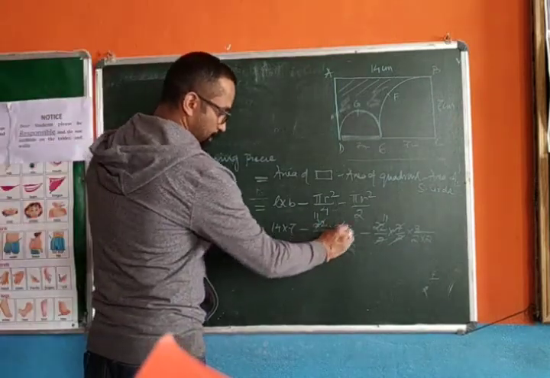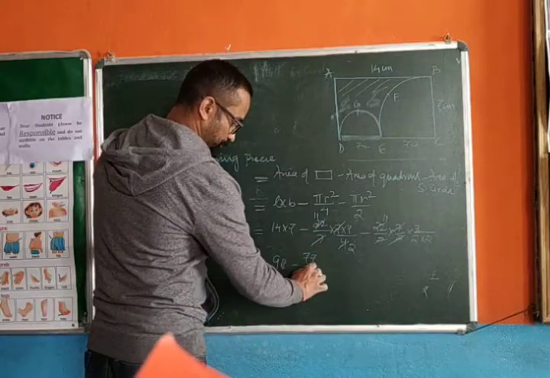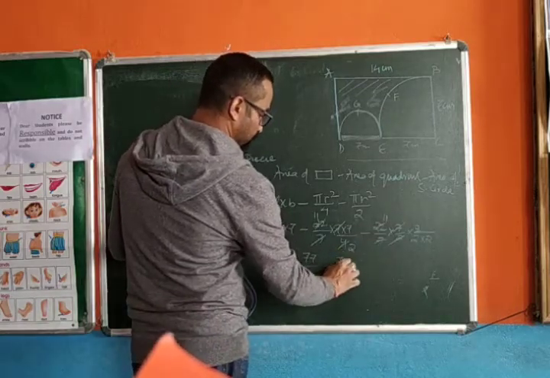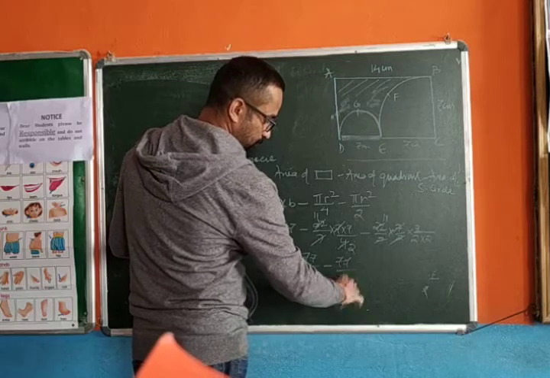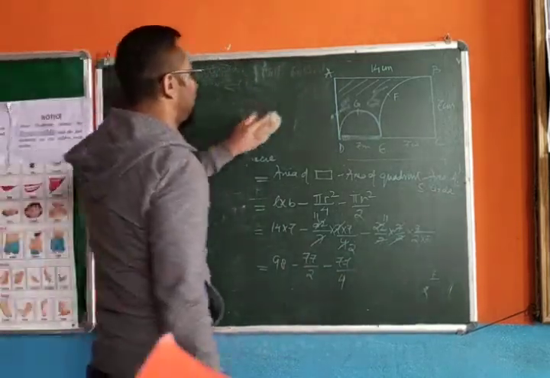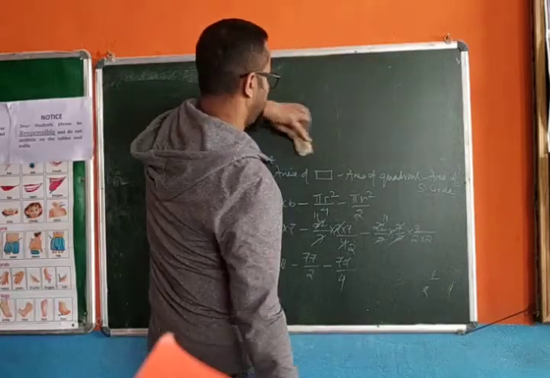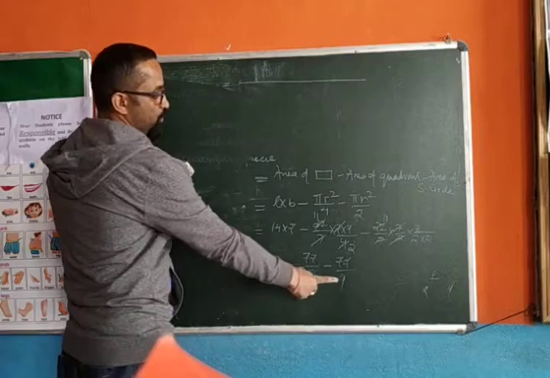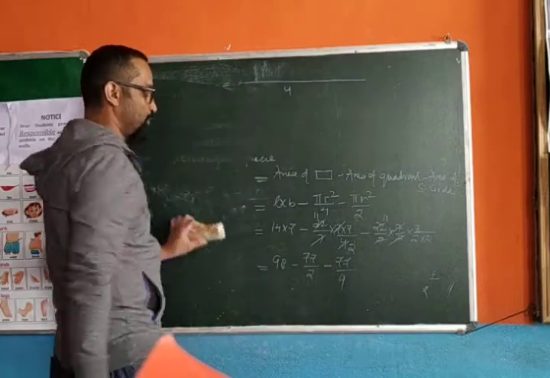minus 77 by 2 minus 77 by 4. You can directly divide or you can take LCM and simplify it. I'm taking LCM of the entire numbers. 2, 4, LCM is 4.